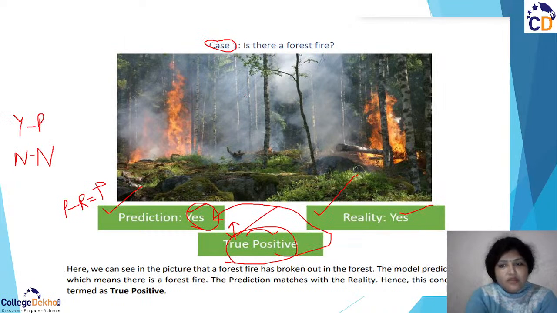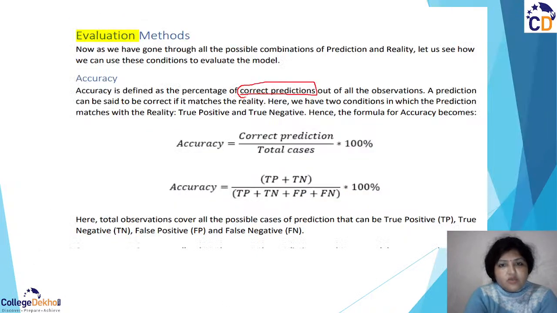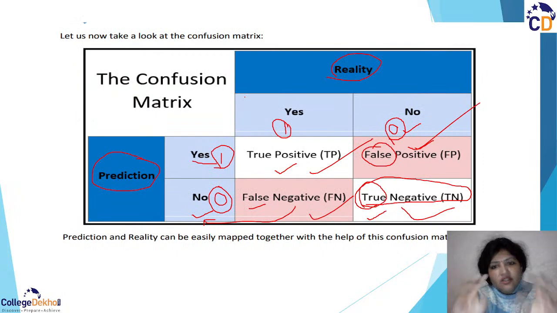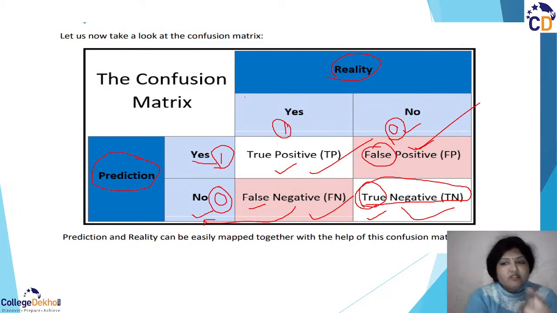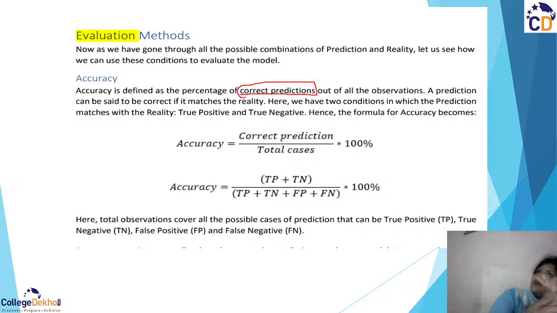Prediction was yes, reality was yes, you got true positive. Prediction was no and in reality it was no, that was true negative. They both are correct predictions. So we take true positive plus true negative, divided by the total number of observations, all the four cases, true positive, false positive, false negative and true negative, and multiply by 100 to get the percentage, showing how accurate your model is.